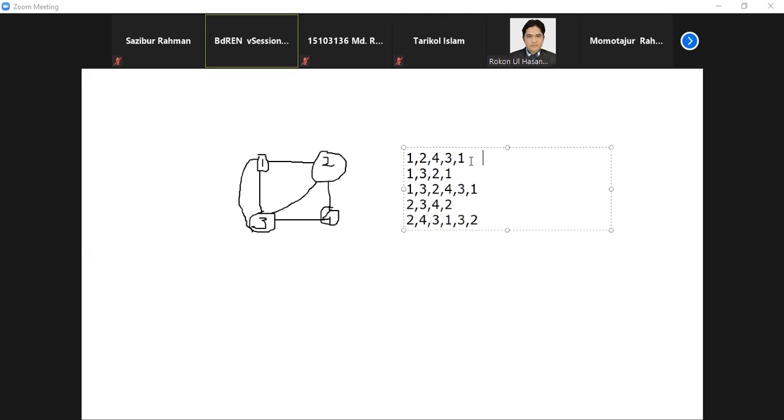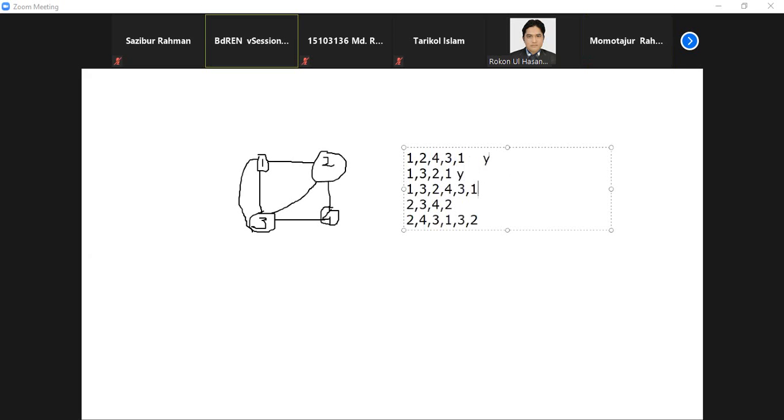Let me tell you the definition again. There will be at least three nodes, and no other nodes will be repeated except the first and last node. Now tell me the simple cycles. Is the first one a simple cycle? Yes, ma'am. Second one? Also simple.